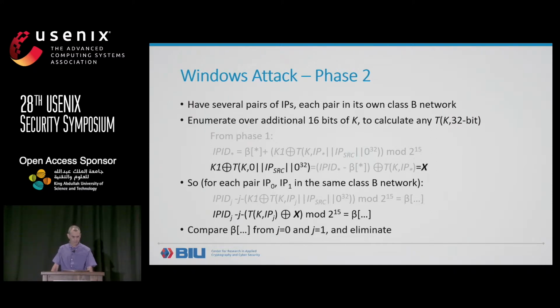And since they are both equal to the right-hand side, being the initial value of this arbitrary counter that is used for the pair, we have another 15 bits of elimination power from each such pair for this enumeration over additional 16 bits of K. Altogether, after phase 2, we get theoretically 46 bits of K, practically somewhere between 41 to 45.